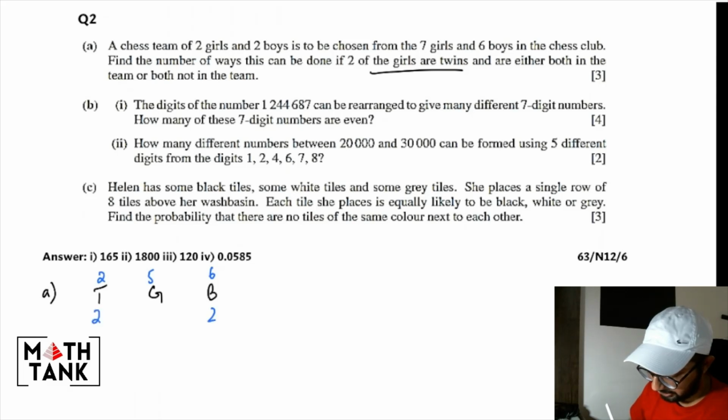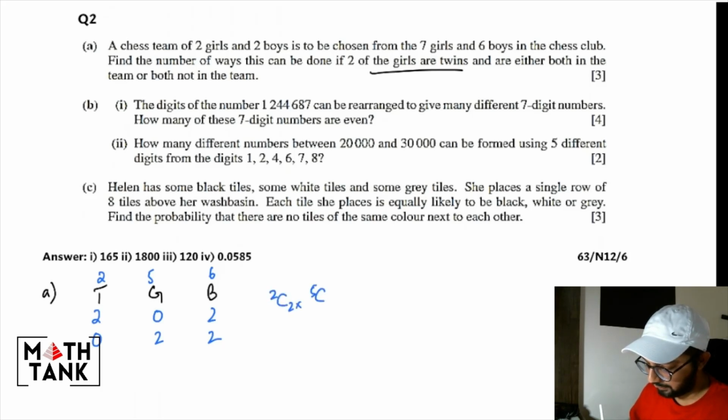So either both are in the team or both are not in the team. So 2 and 2 and another 2. I can either have both the twins in the team, in which case I have both 2 and then 0 girls from the other group, and the boys are 2 in each case because that's what the team is made up of.